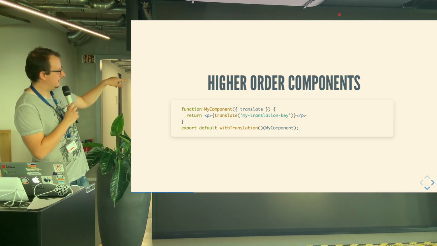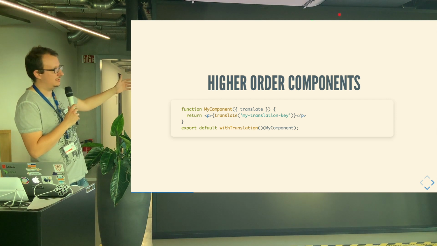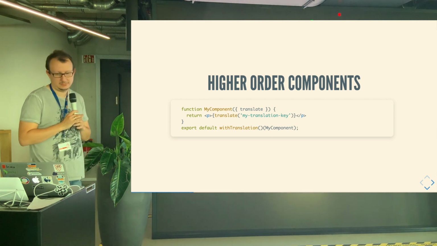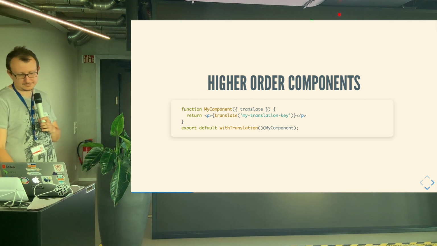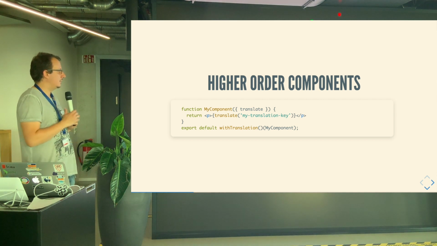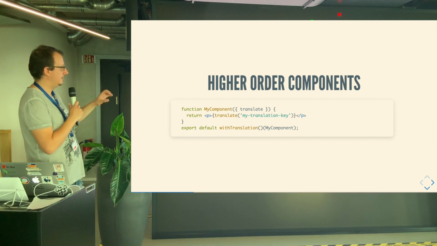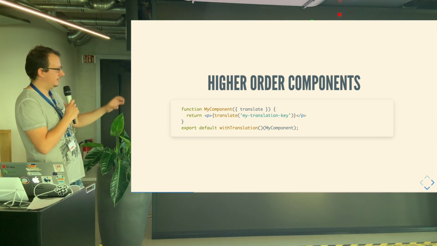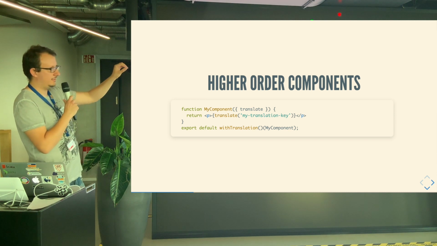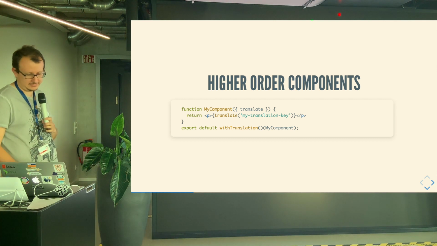You can then use it in your component, and you have some higher order function from a library which injects the translate function, wrapping your component. This also adds a layer to the component hierarchy. So if you open up DevTools, you see that you have the higher order component and then your component. So this also adds complexity.